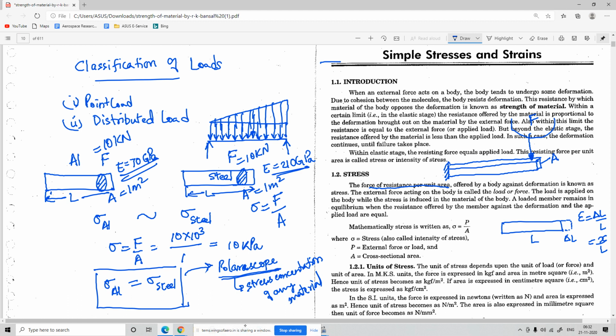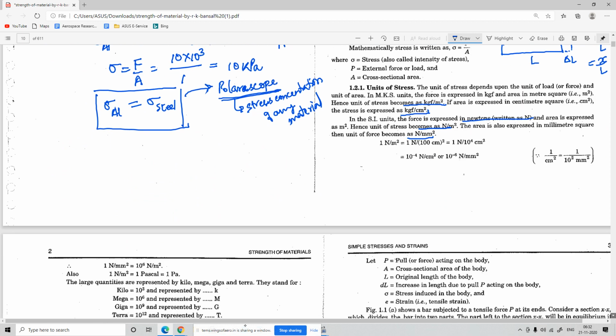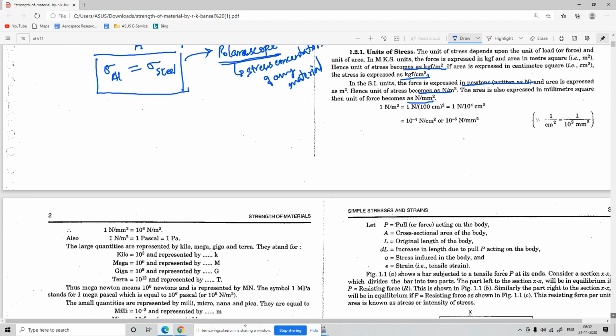Now sometimes the stress is given in units of kgf per meter square or kgf per centimeter square. So these are the possible units. You should know how to convert the units, so you can note down how to convert them. 1 Newton per meter square equals 10 power minus 4 Newton per centimeter square, or 10 power minus 6 Newton per mm square.